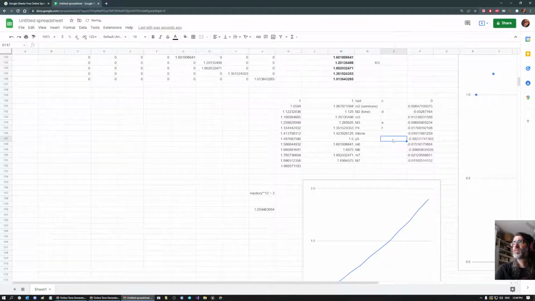The tritone is F sharp, and then the perfect fifth is G. And then A and B. So, do, ré, mi, fa, sol, la, si.